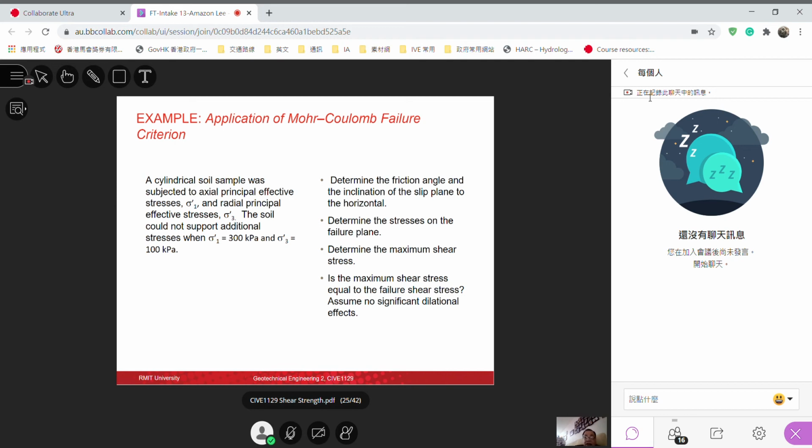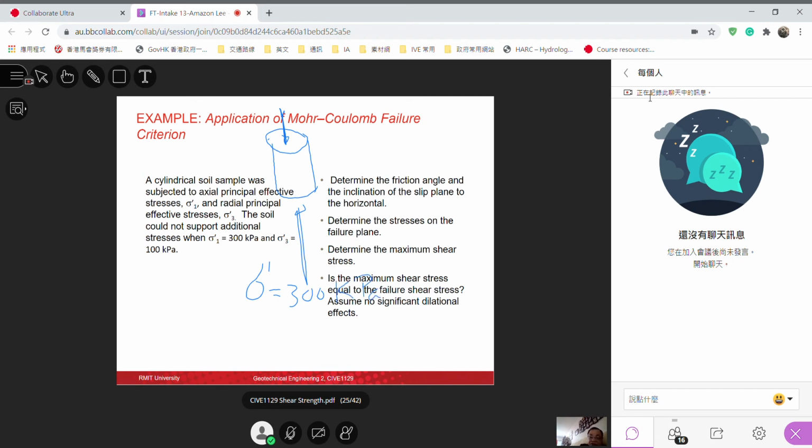So here we simply go through an example. Usually in a triaxial test we prepare a soil cylinder and put it in the triaxial apparatus. Then we apply a major principal stress in the vertical direction. In this example, the major principal stress is equal to 300 kPa.